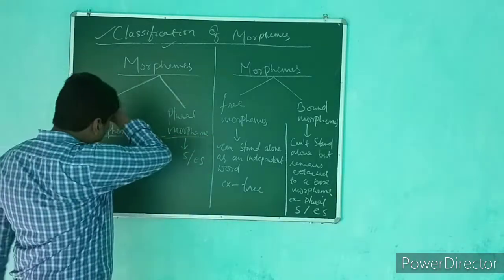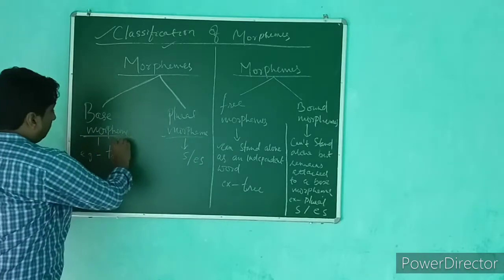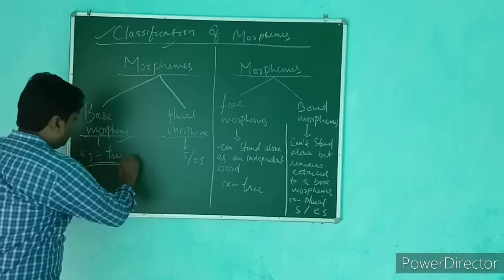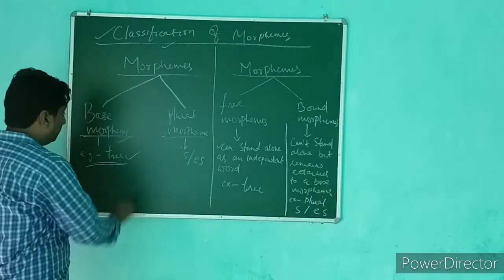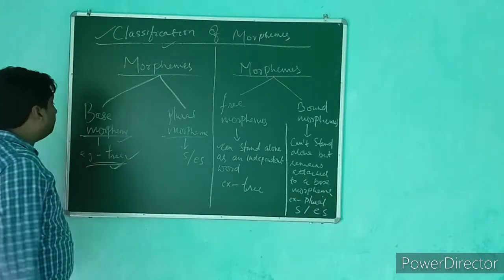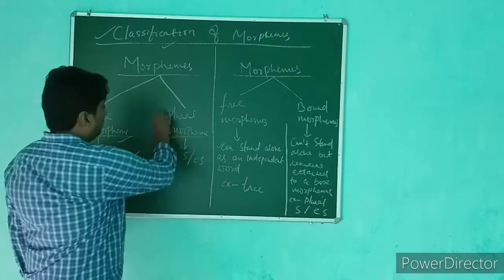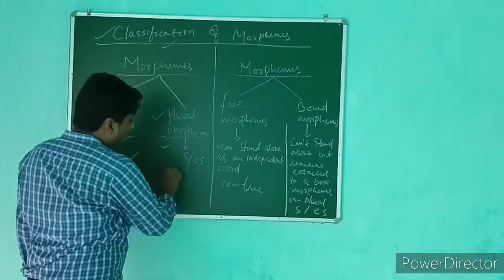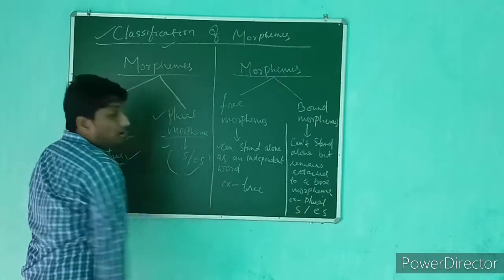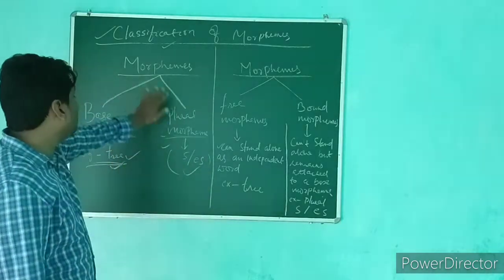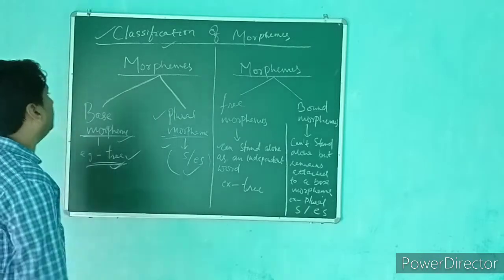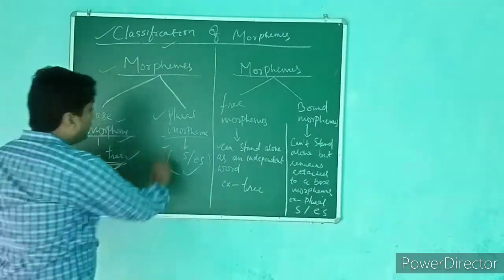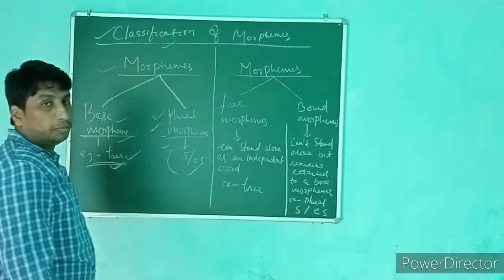The example for a base morpheme will be something like tree. Similarly, in the case of plural morpheme, we will have either s or es. In this way, morphemes can be classified into two categories: base morphemes and plural morphemes.